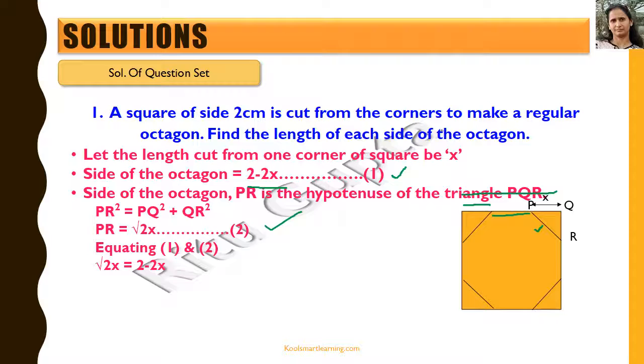Taking x on the left hand side of the equation, we get root 2 plus 2 into x is equal to 2, which gives us x is equal to 2 by root 2 plus 2. Now we can further simplify it by writing it as 2 divided by, we take out root 2 common from the denominator and we write root 2 plus 1 in the bracket.